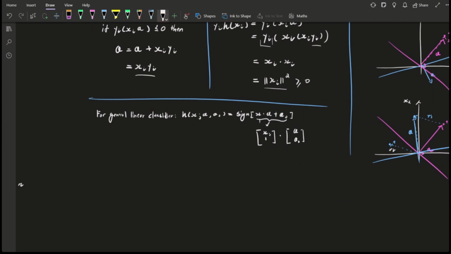Same case. So with this understanding, we can write a new pseudocode for how the learning algorithm will work. For 1 to n, if your sample is wrong, this time we have the theta naught, then we want to update both of our parameters. So the theta will be updated the same way.